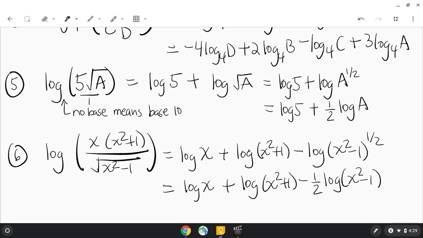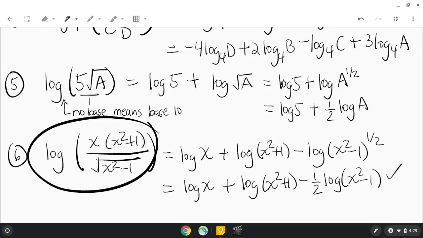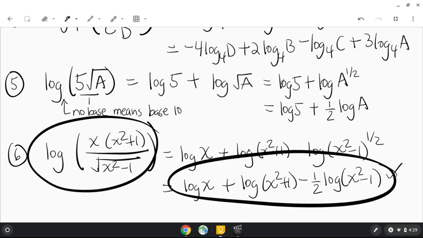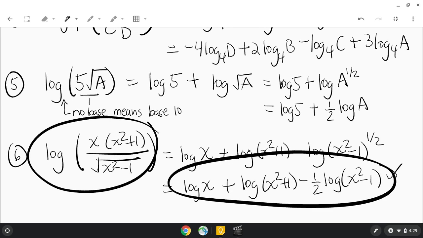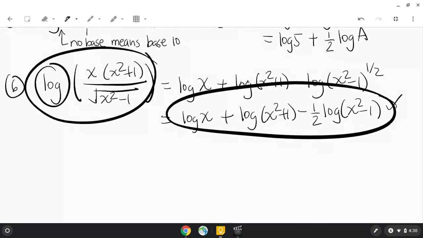Okay, so let's have a look at condensing. We're going to go the other direction. So we're going to start off with something expanded like this, and our goal is to get it condensed to a single log like this, going from like maybe 3 logs over here to 1 single log. All right, so let's go ahead and have a look.